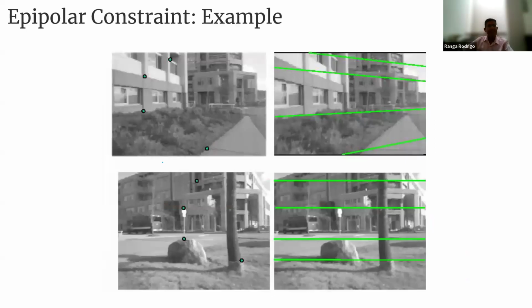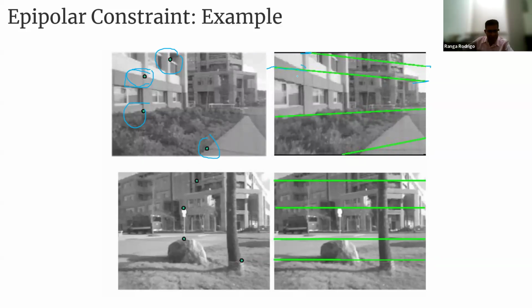Yeah. So let's see in practice what has happened. Here some corner points have been marked. The corresponding epipolar lines have also been given. These are the corresponding epipolar lines for those 4 points. Now, if you want to find the same point, this one here, how should you do this? We can search along this line.